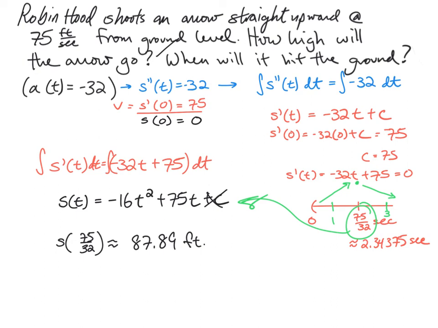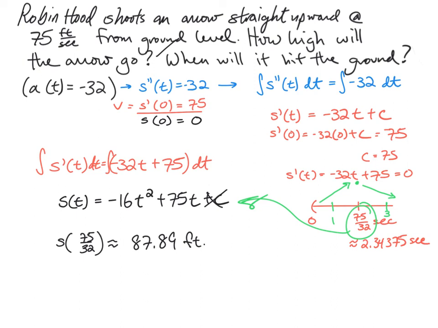When will it hit the ground? So this is another question dealing with the position. Again, we're trying to find time, but when it hits the ground, we can say that the position, the height off the ground, is 0. At time 0, it started at height 0, and then we have to find the time when it'll hit the ground again.